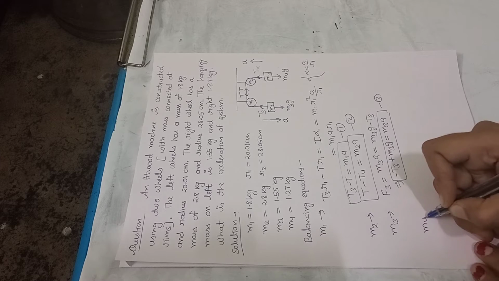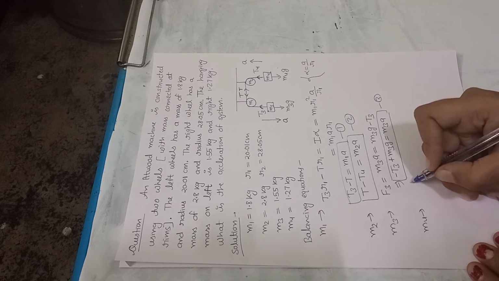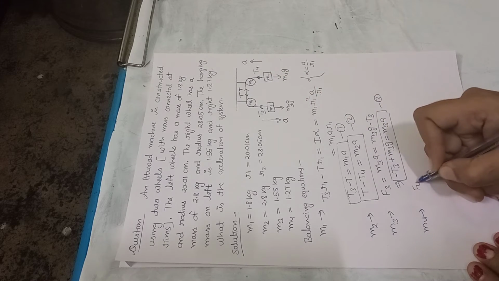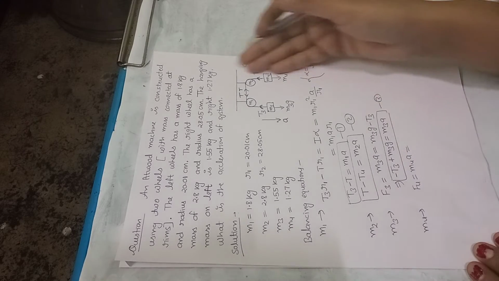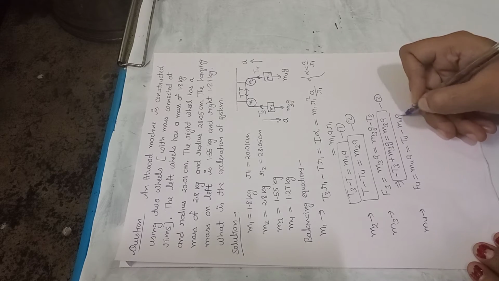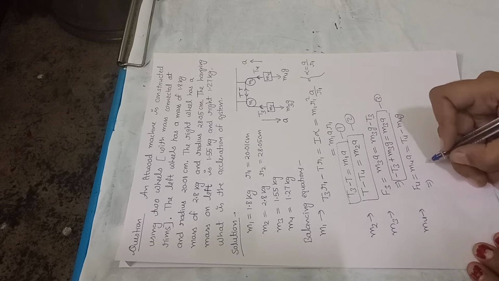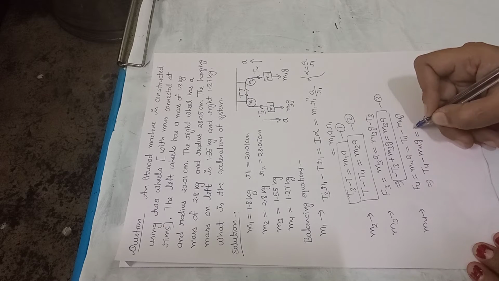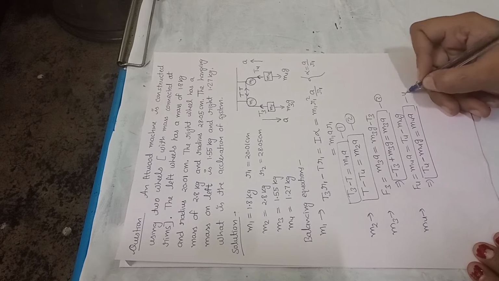This is equation number 3. For m4 mass, because this is working upward, F4 is equal to m4a, and the tension force is more, so T4 minus m4g is equal to m4a. Equation number 4.